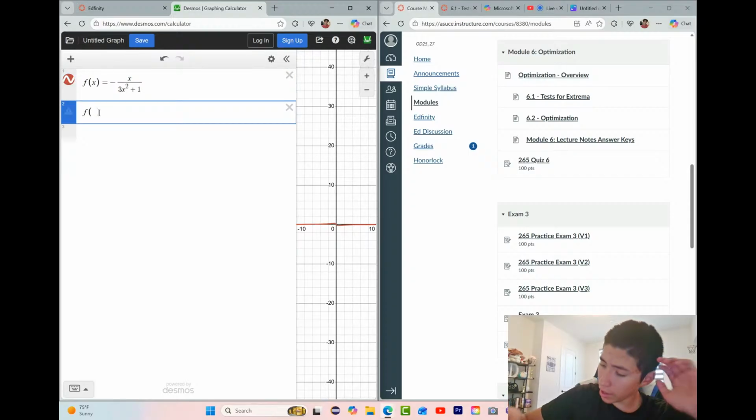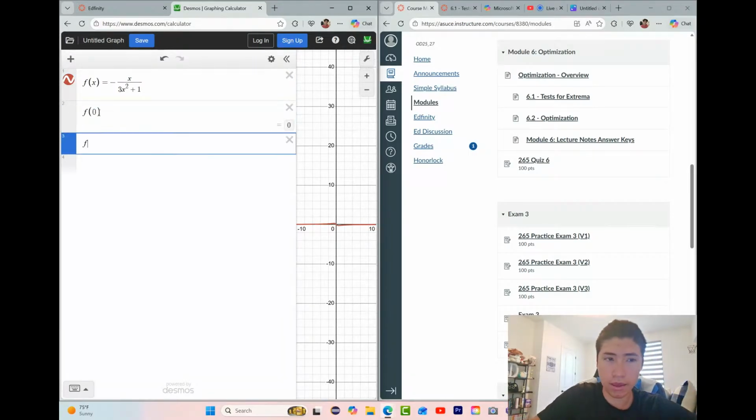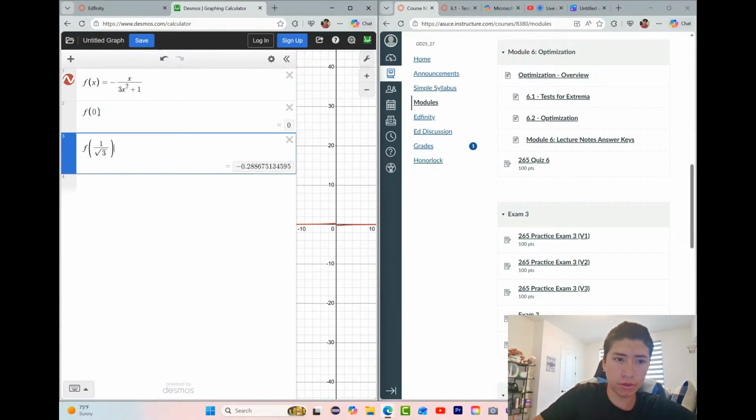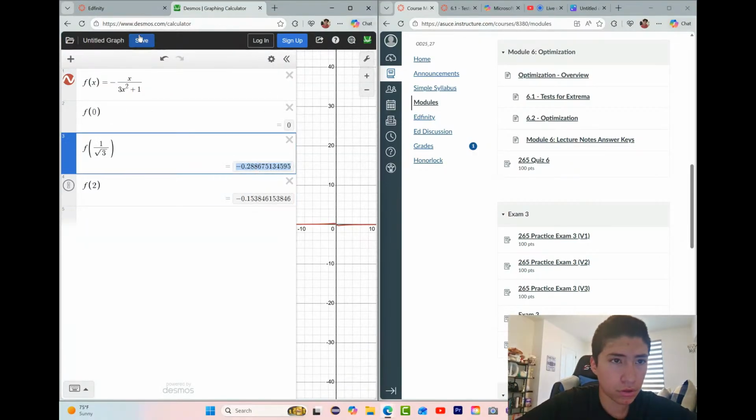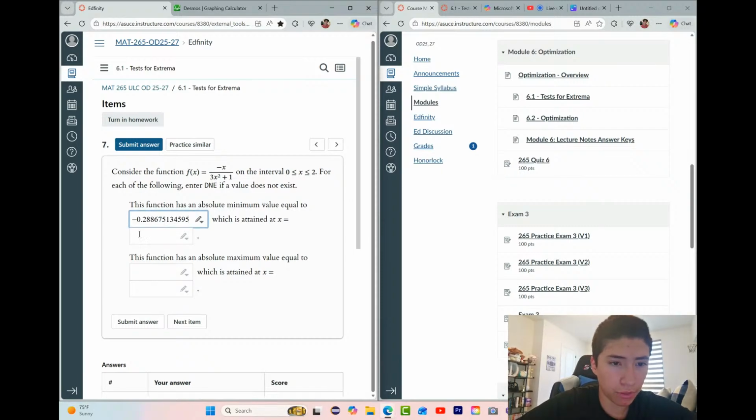So what's f of 0? F of 1 over square root of 3. And then f of 2. So minimum value. Looks like this is it. Let's put that in there.